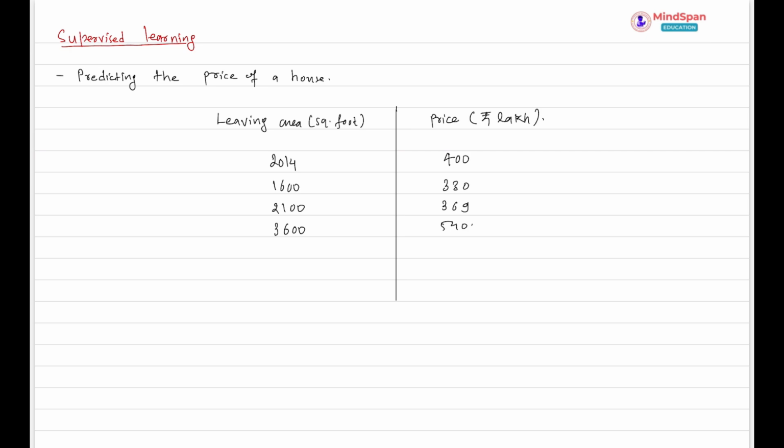So the problem statement is, given a new house, can we predict what the price would be? We will see that through learning we can have a robust system that can predict the price of the house efficiently.